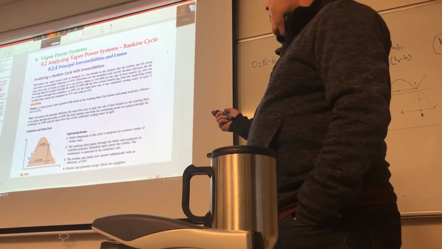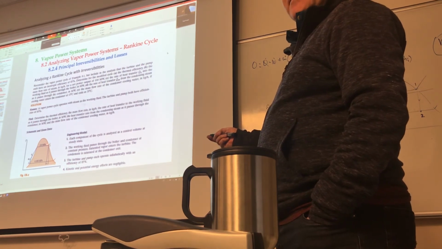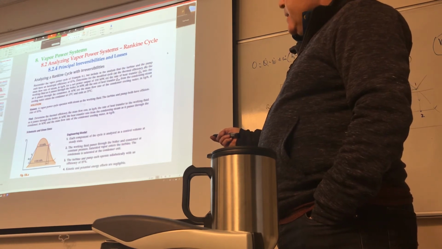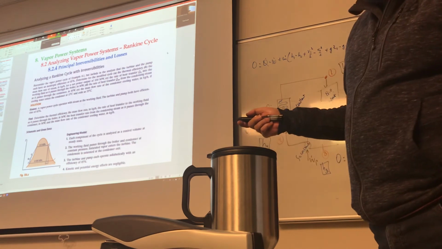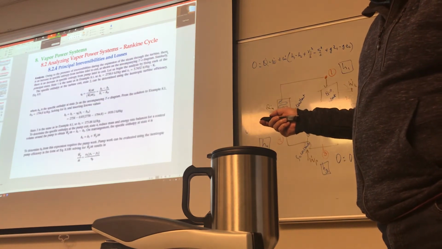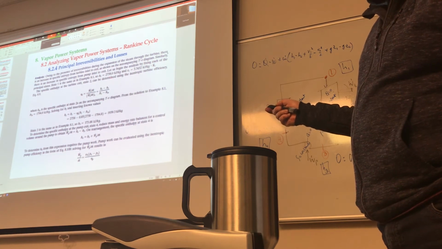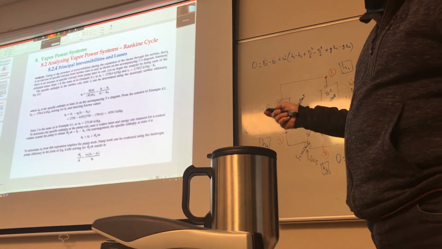Okay? So what do we do with that? We start with state number 1 exactly the same way as before. And then we read the value of S1. Then we go and try to find what the value of S2 is. We read H1 and we read S1, same thing as we did in the first problem.